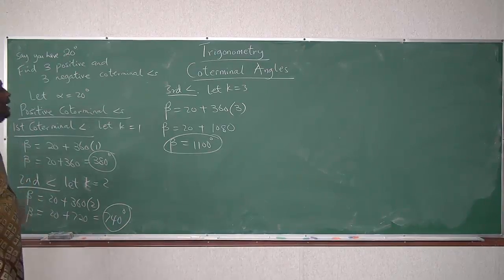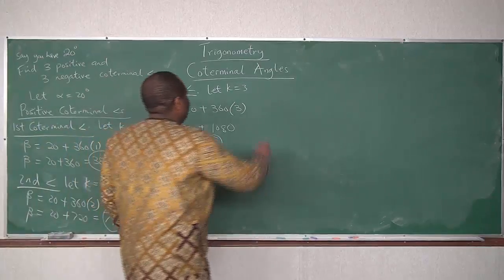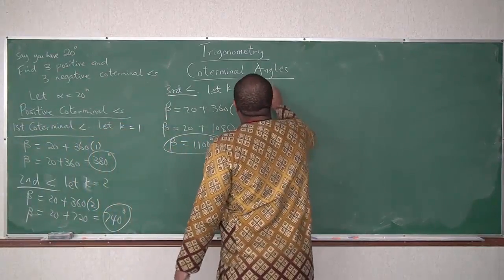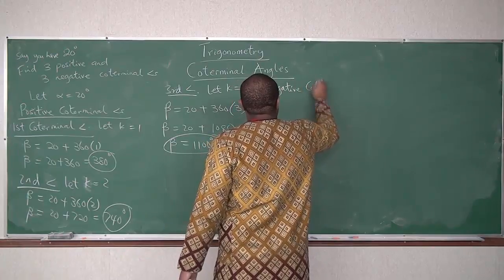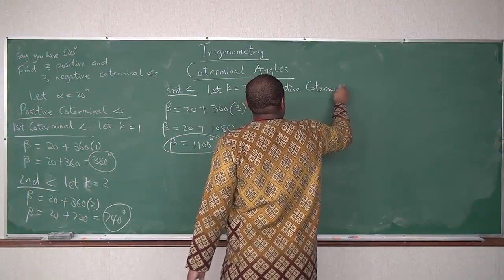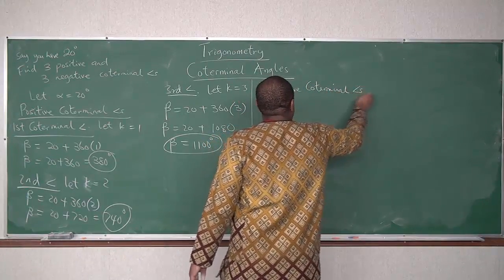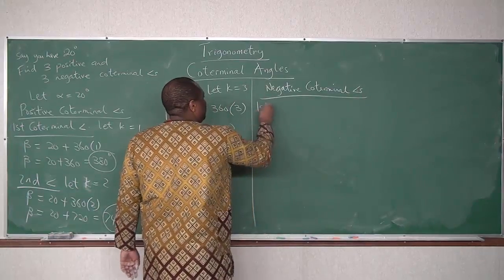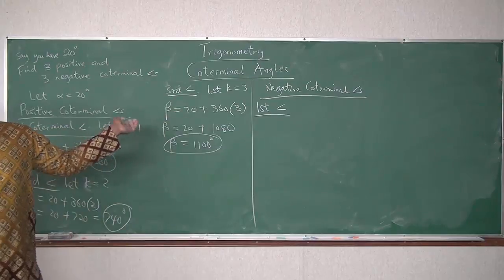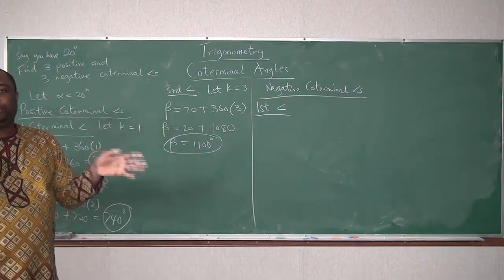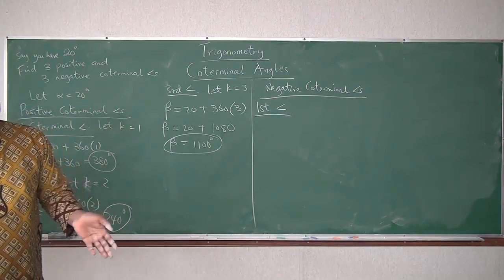Okay? Now let's go to the negative coterminal angles. Remember, we say that if it's negative coterminal angles, then you make K to be negative integers.